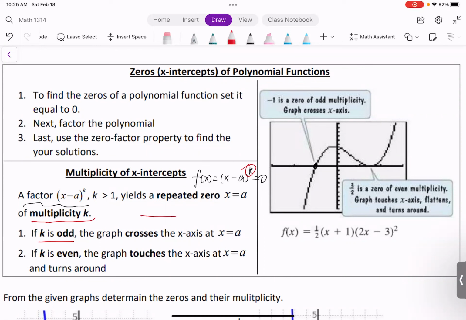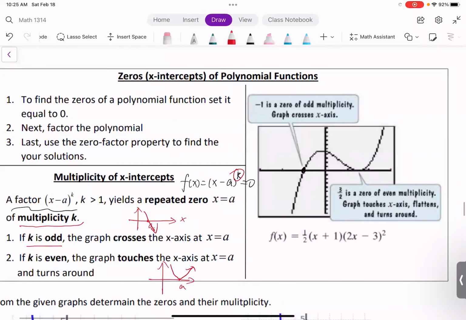If k is even, the graph touches the x-axis at x equals a and turns around. For example, if I have a here, then the graph touches and bounces off at x equals a.